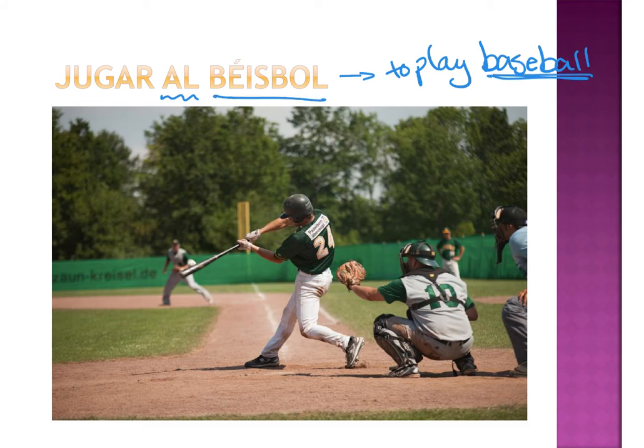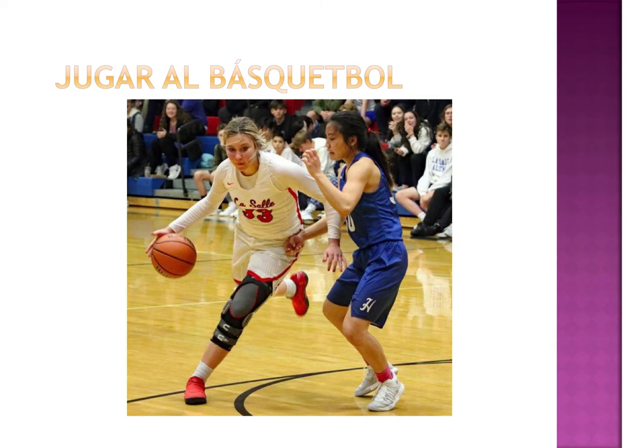It sounds more or less the same, but it's spelled differently in Spanish to make it sound the same as in English. So there's baseball. And then we'll also use that phrase for all of these other sports. Jugar al basquetbol, you'll guess. Jugar al means to play, and then basketball means basketball.